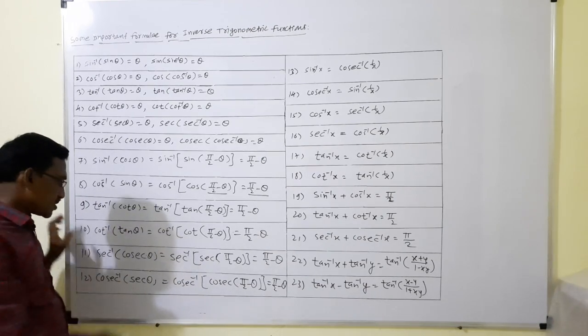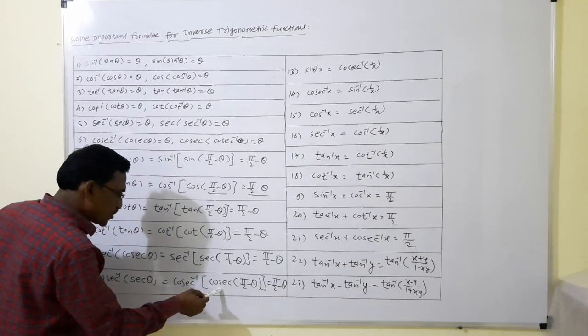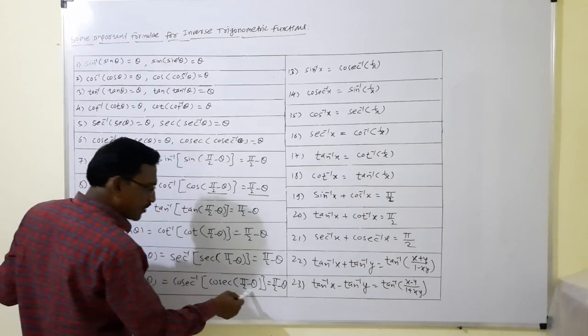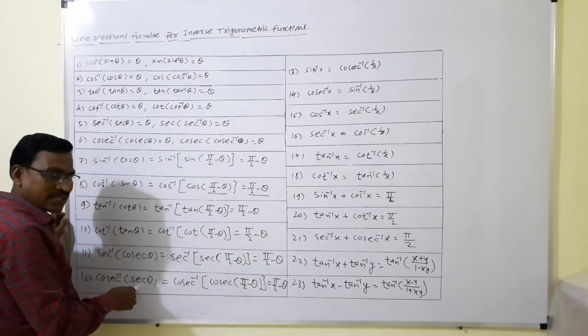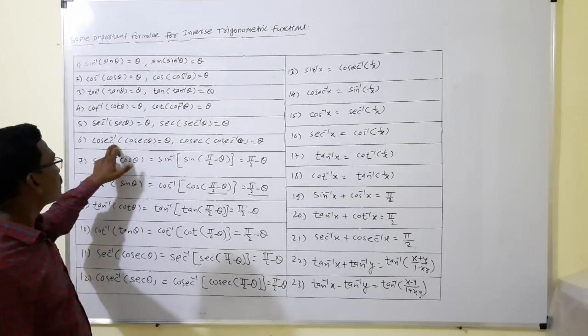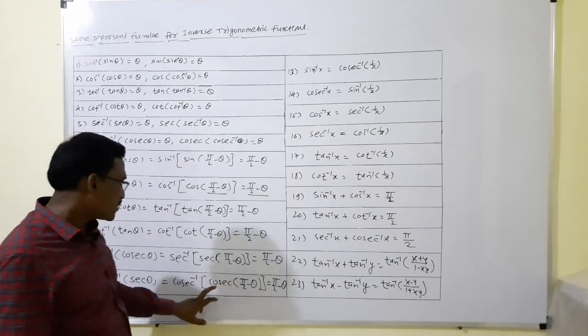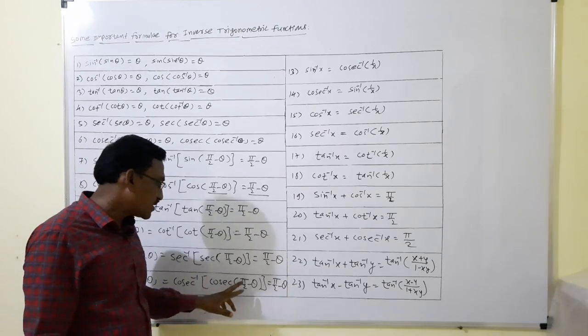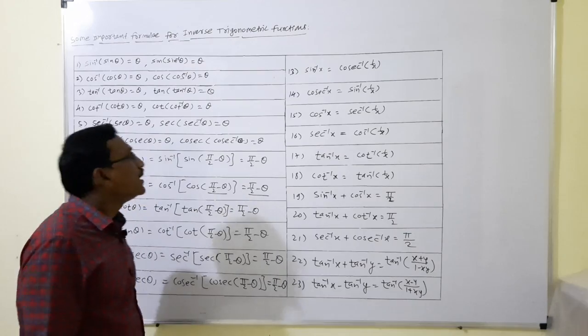So we have to convert this sec theta into cosec, by using allied angle pi by 2 minus theta. Cosec of pi by 2 minus theta is sec theta. And so again we use this sixth formula, cosec inverse of cosec theta is only the angle of this cosec. And so cosec inverse of cosec of pi by 2 minus theta, its angle is pi by 2 minus theta only.